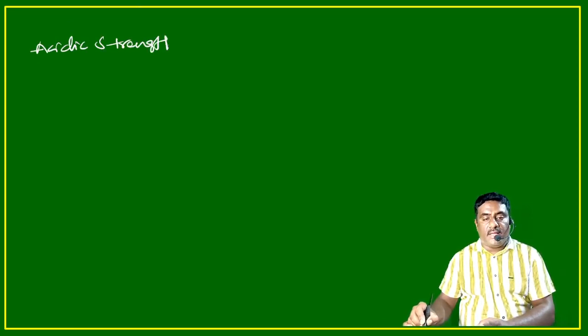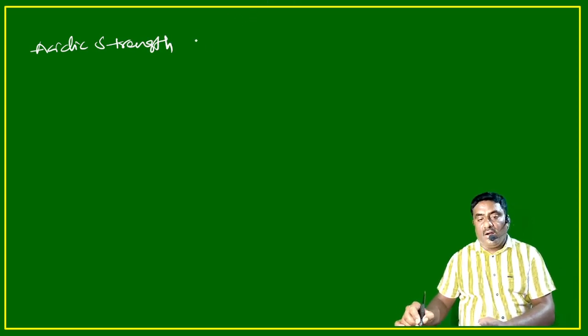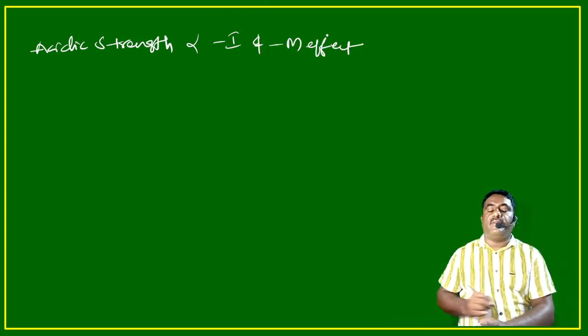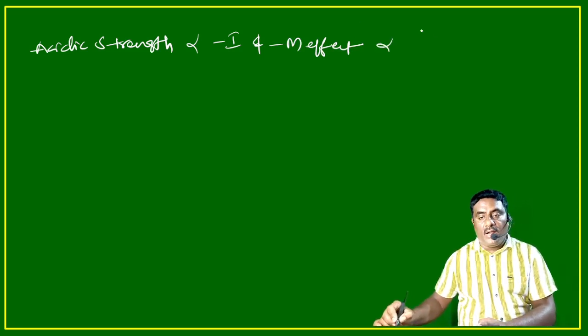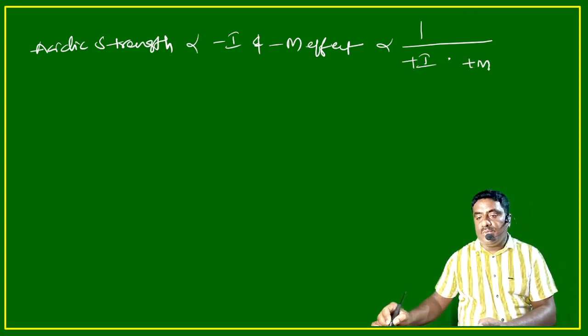The acidic strength of carboxylic acid is directly proportional to the minus inductive effect and minus mesomeric effect, and inversely proportional to the plus inductive effect and plus mesomeric effect.